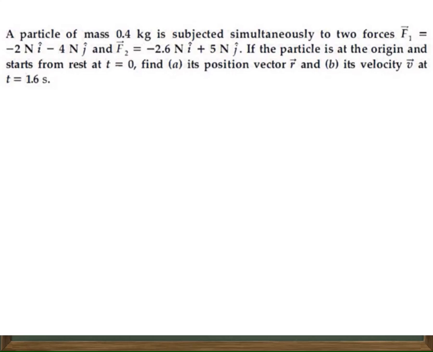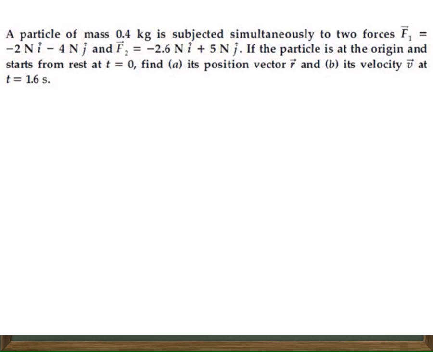It says there is a particle of mass 0.4 kilograms, and there is also a force on this particle. The force is vectorially given as -2 newtons in the x direction and -4 newtons in the y direction. So the force is -2i minus 4j. This is the first force acting on the particle. A second force acting on the same particle is also given.